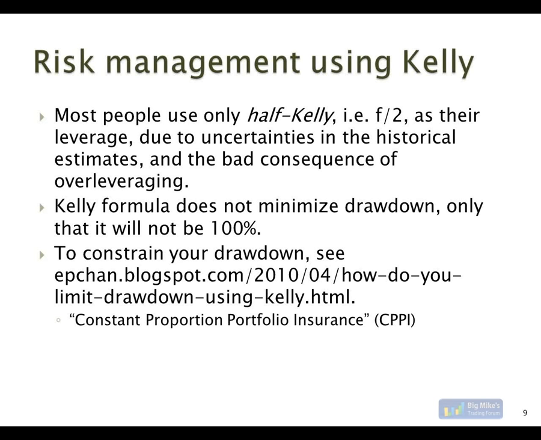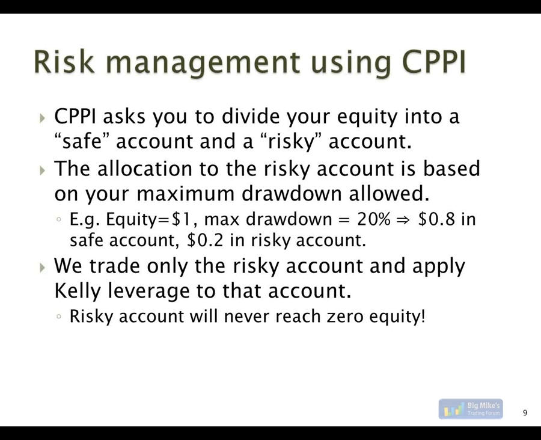You can go to my blog and search for Kelly formula, and in particular you can search for this keyword, constant proportion portfolio insurance, CPPI. That is a method where you can apply Kelly formula and be assured that the drawdown will not exceed any number you preset, and I will explain it in the next slide.